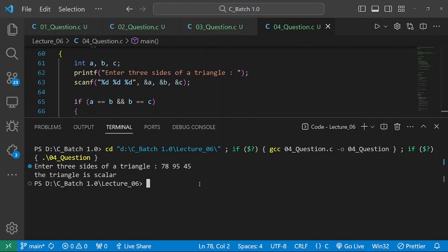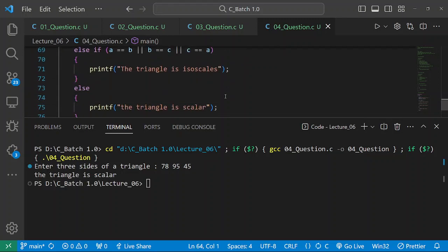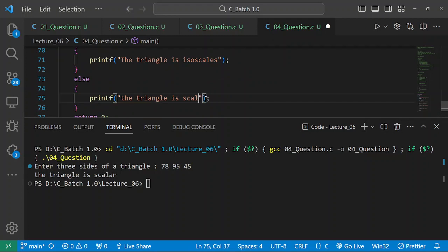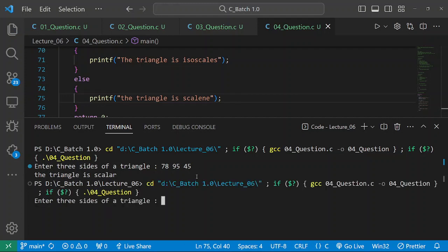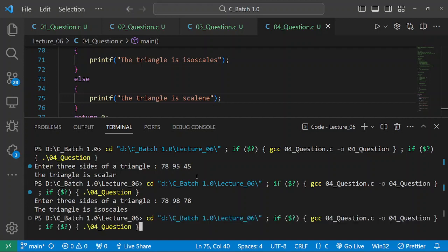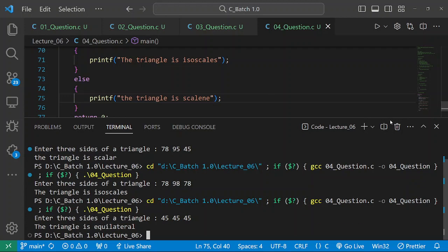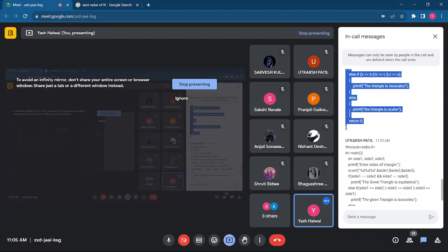Yes, you have written scalar, no worries, but write it scalene. Okay. Output is correct. Then 78, 98, 78, isosceles. Okay. Then 45, 45, 45. Yeah, working fine. Nishant's code also.